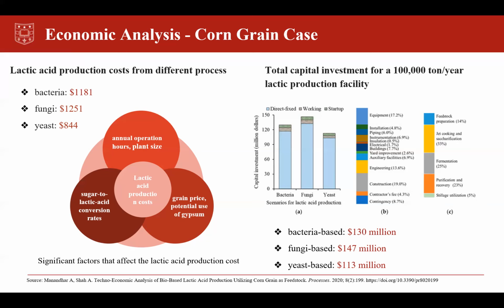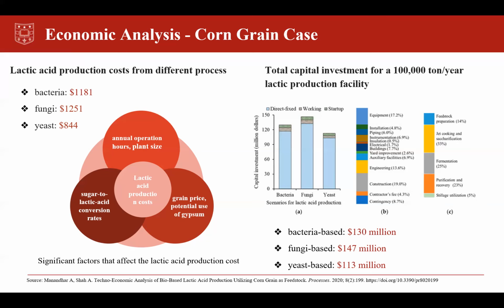Also, the cost of product separation and recovery is the lowest for the yeast-based pathway because it reduced the utility required for distillation and eliminates the need for gypsum formation and removal processes, which also reduces chemical requirements and cost.